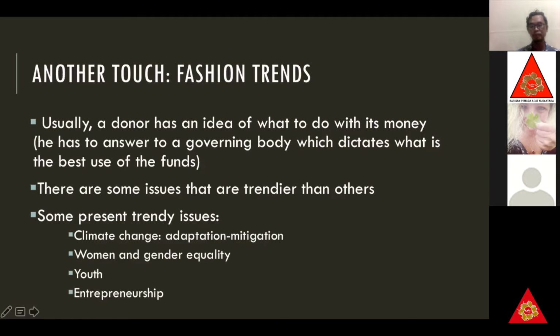So entrepreneurship is also a very trendy issue. Sometimes, for example, I am an agronomist. I work mostly on crops and cultivation, and sometimes we forget this side of entrepreneurship.